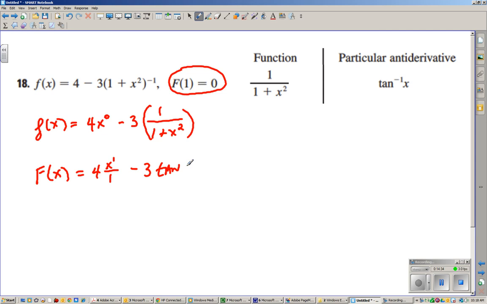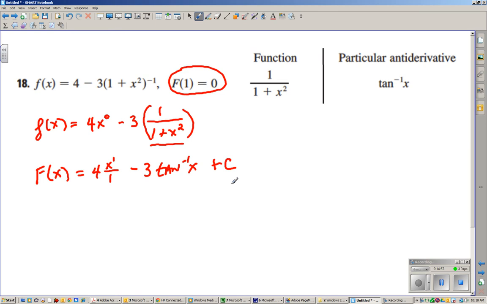And that's because the derivative of inverse tangent is, in fact, 1 over 1 plus x squared. Check your yellow or your peach sheet if you aren't sure of that. You'll find it there. Finally, don't forget about our plus c.